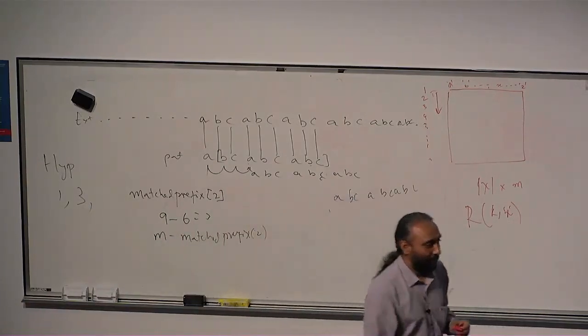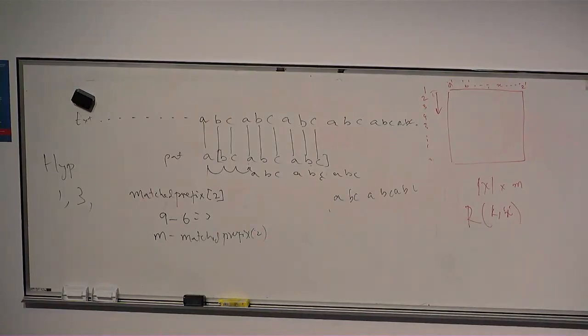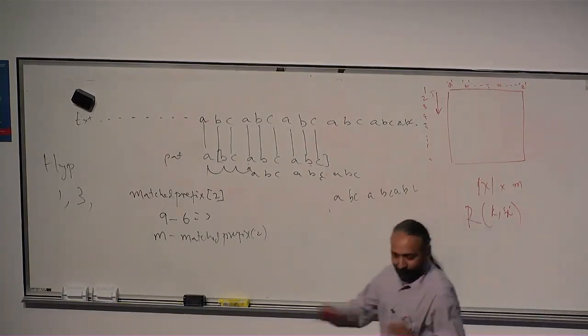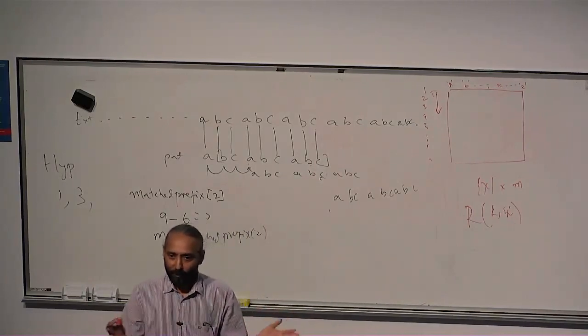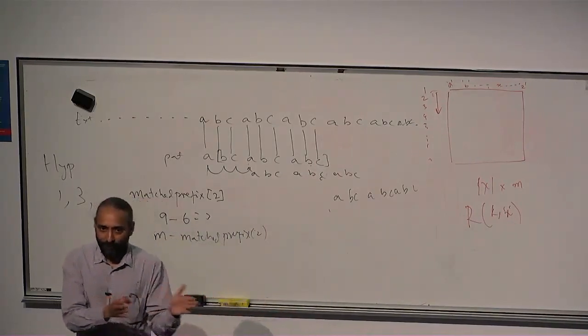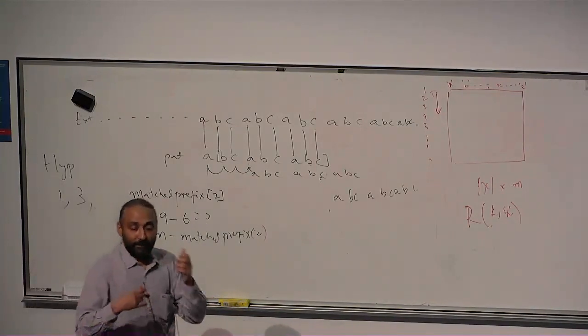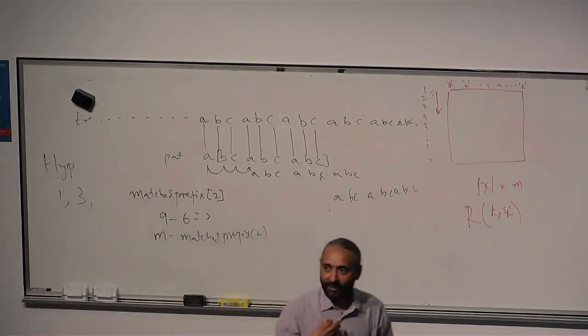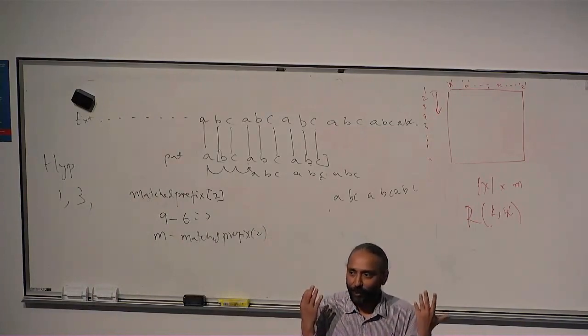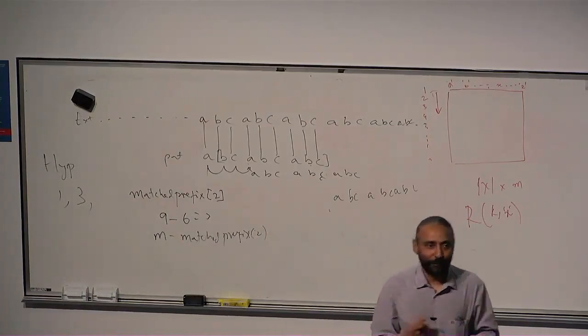KMP was one of the classics in computer science. With the Z algorithm, it's very easy. Now, it is shifting the pattern like Boyer-Moore, so you're shifting the pattern rightwards, but rather than comparing right to left, it's doing the normal human way of doing it, left to right.